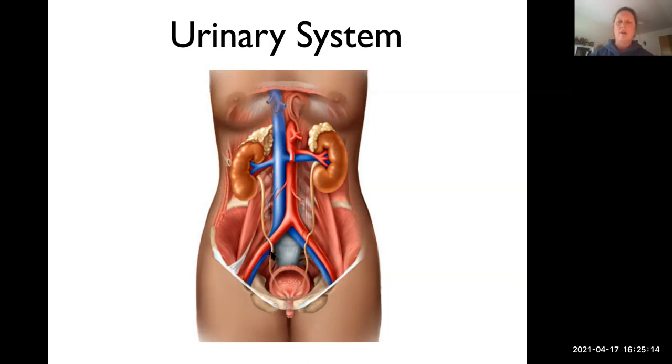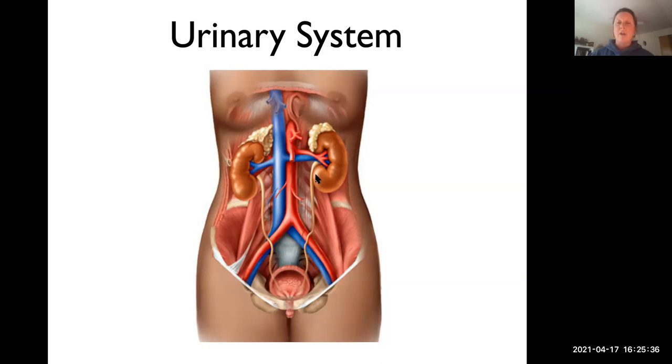So there's one ureter leading from each kidney to this holding tank known as the bladder. The bladder is there to store the urine until we're ready to eliminate it from the body, and when that moment comes, the urine passes to the outside of the body through a tube known as the urethra.